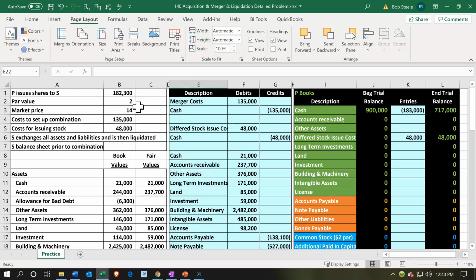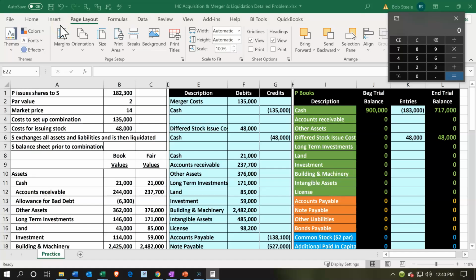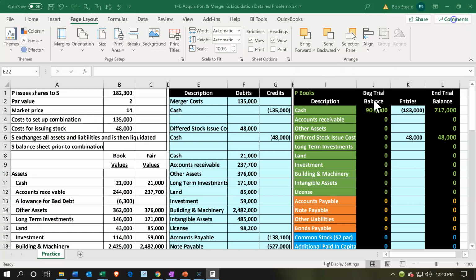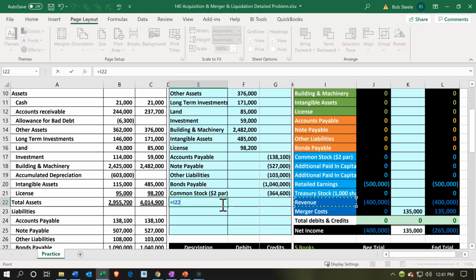So if we pull out the trusty calculator here, it's a little bit easier to see than in an Excel formula. Well, $14 minus $2 means a difference of $12 times the 182,300. That's going to be the difference, right? So let's do that with a formula. I'm going to say this needs to go into the additional paid in capital.